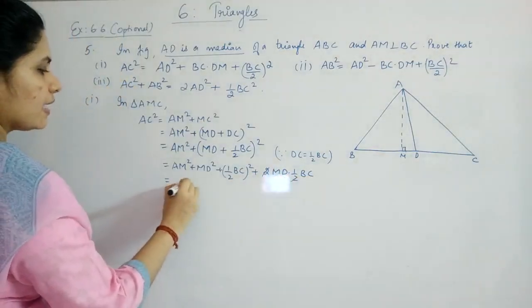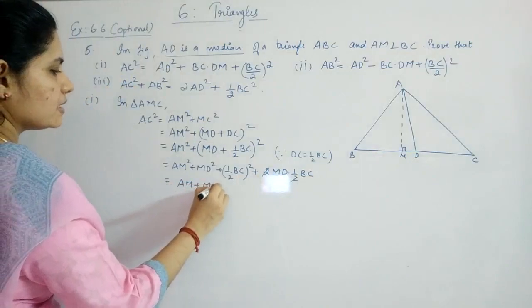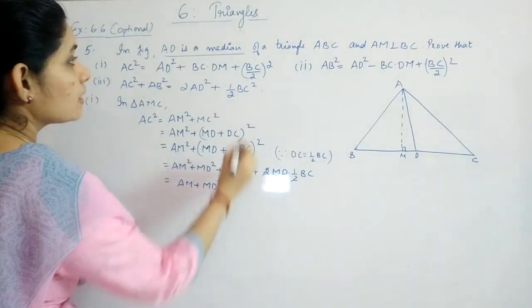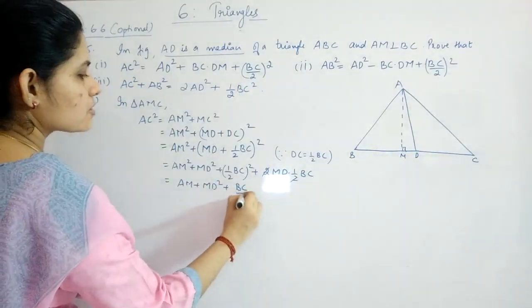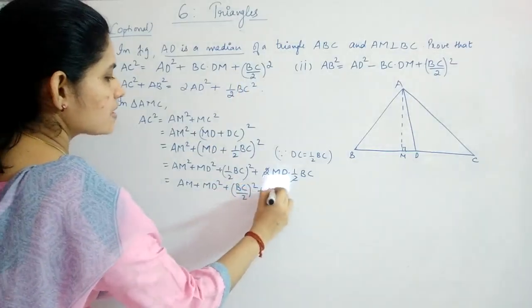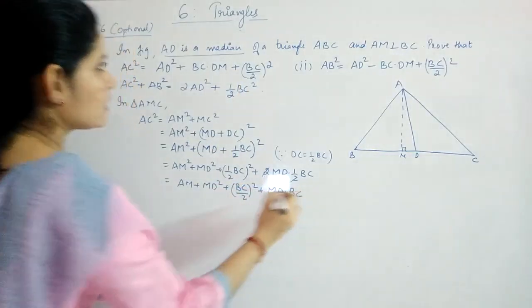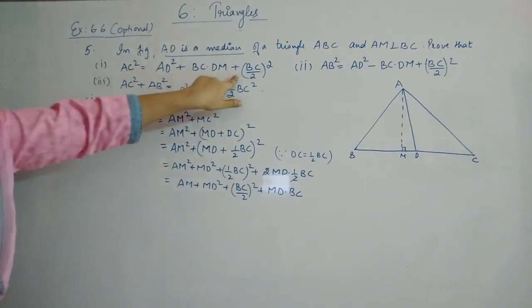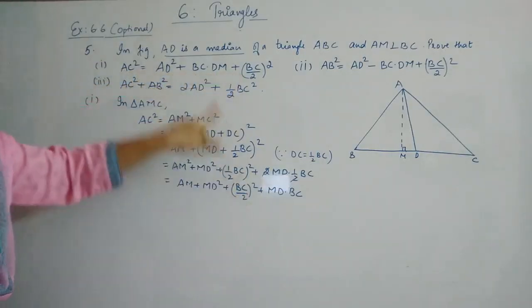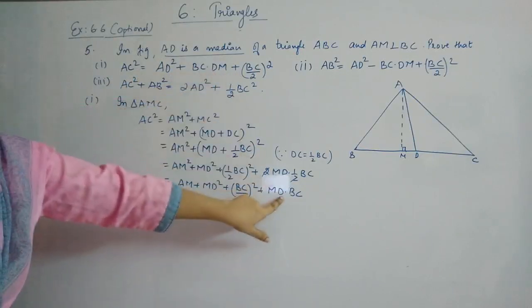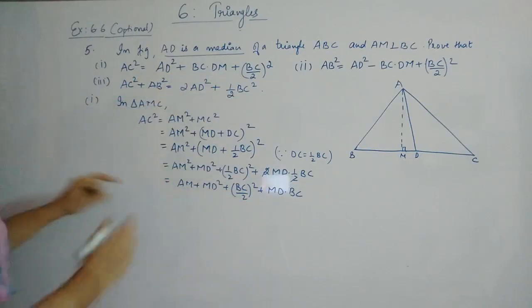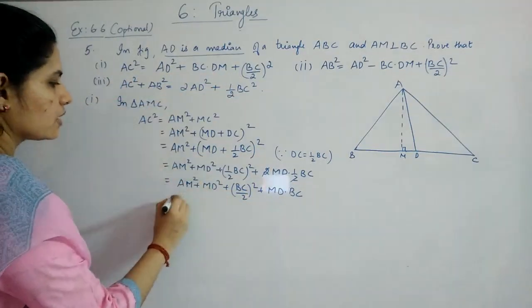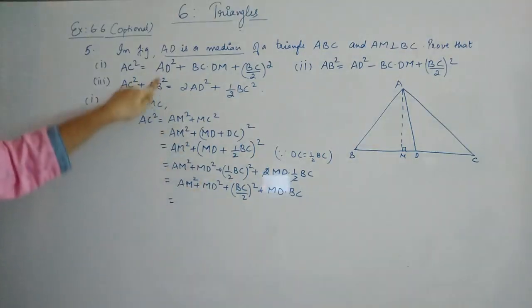This will become AM square plus MD square plus BC by 2 the whole square plus MD into BC. Now you have BC into DM also in the answer. So AM square and MD square should be replaced with AD square.